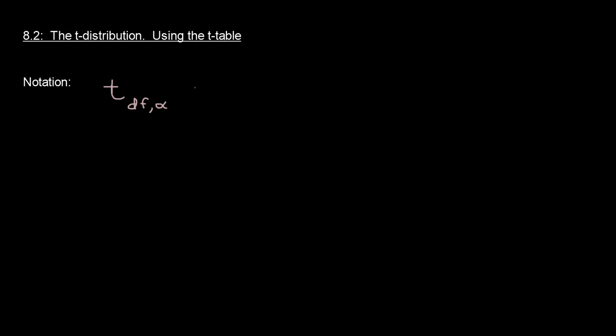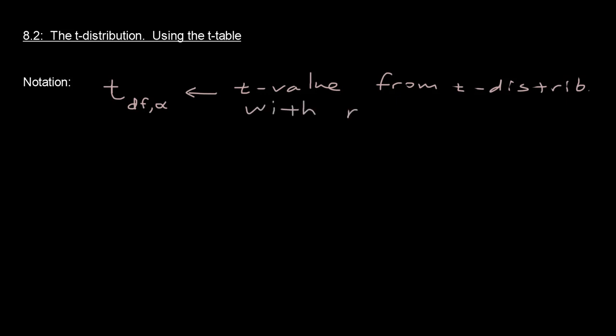So this is the t value from the t distribution with n-1 degrees of freedom, such that there is an area of alpha in the upper right tail.